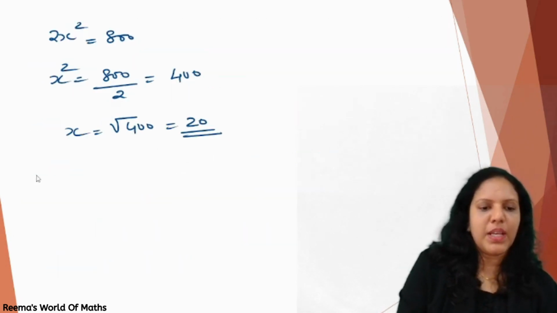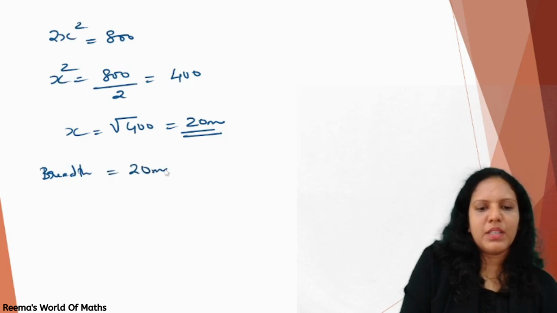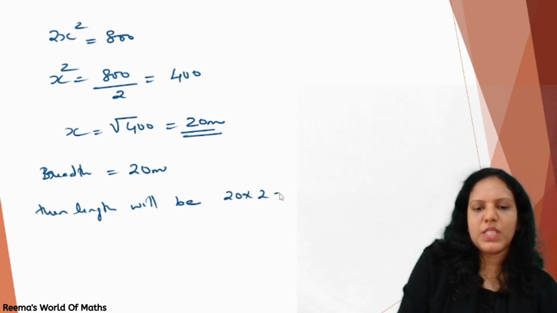So breadth equals 20 meters. Then the length will be 2x, which is 20 times 2, which is 40 meters.